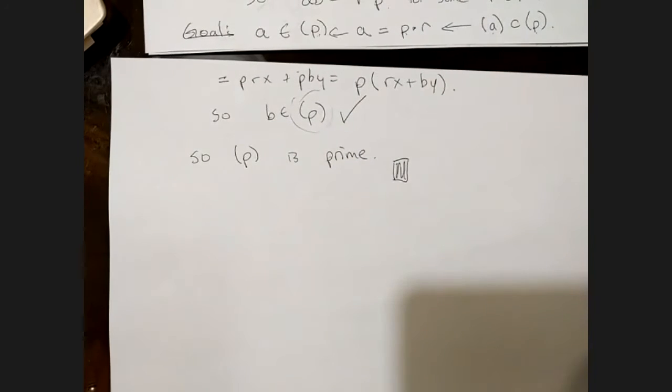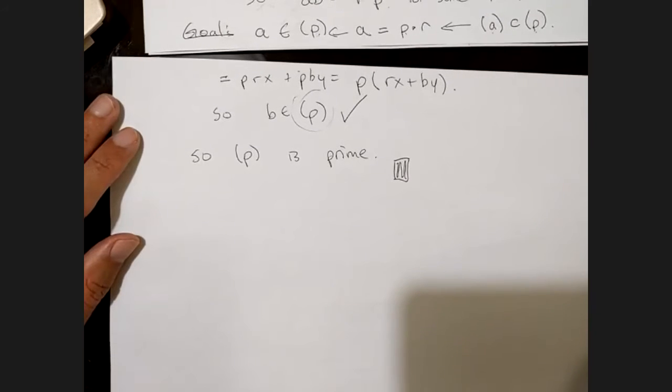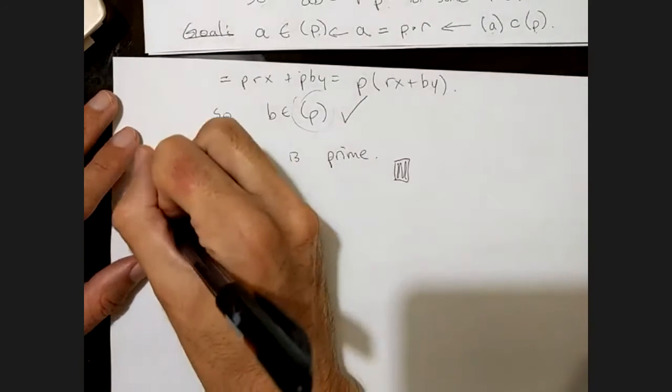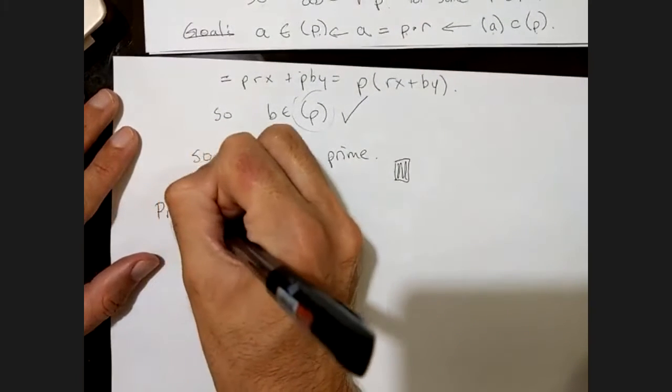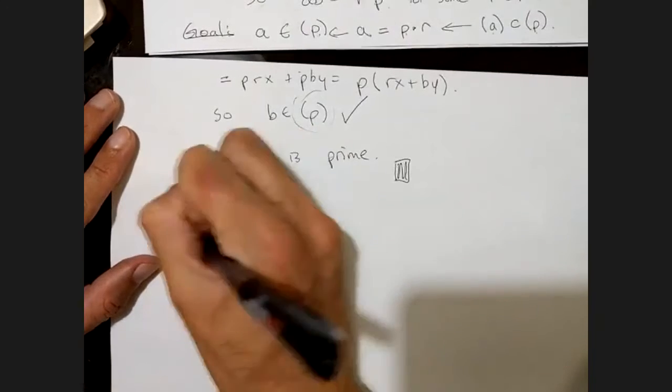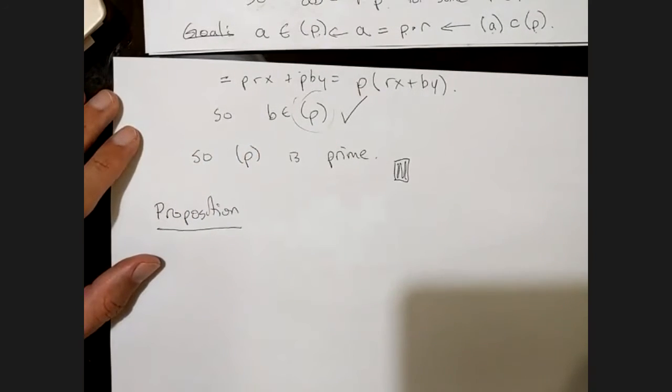Now if we have an irreducible element, it generates a prime ideal. What we really want is to know that it's a maximal ideal. So we have a final proposition.